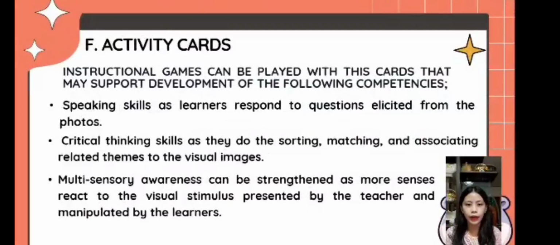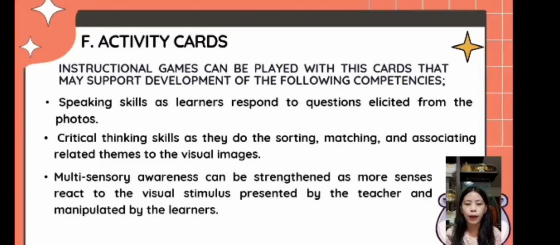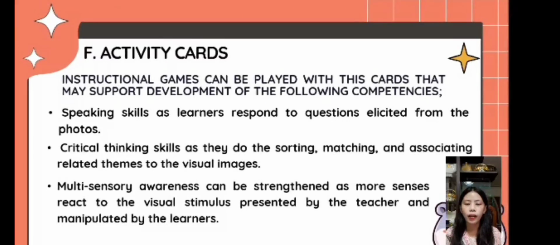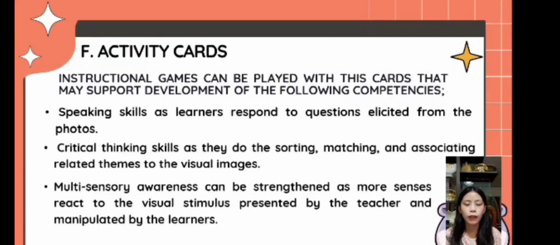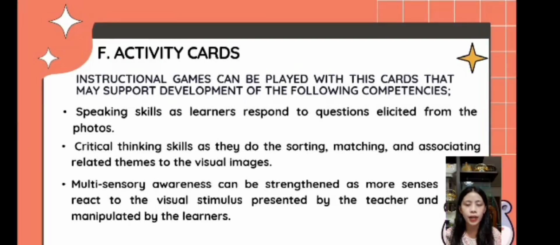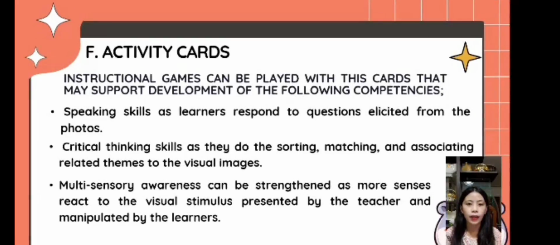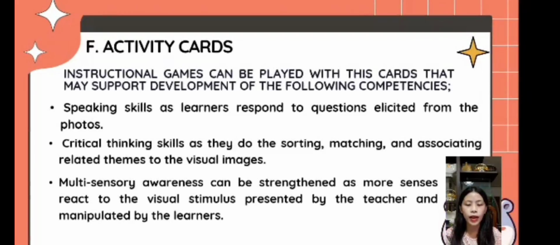F, activity cards. Instructional games can be played with these cards that may support development of the following competencies. The first one is speaking skills as learners respond to questions elicited from the photos.